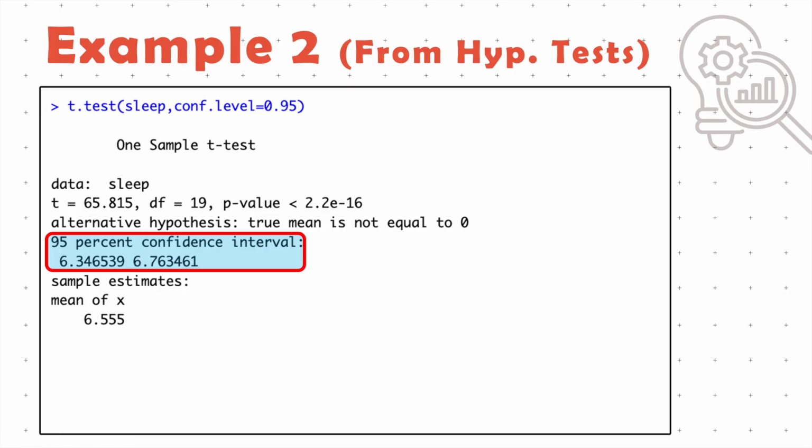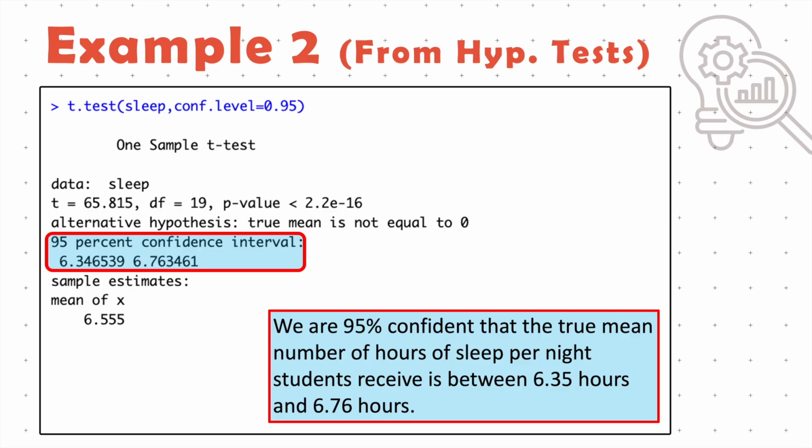We end up with this output where the confidence interval goes from a lower bound of 6.35 all the way to 6.76. We would then interpret that to say we're 95% confident that the true mean number of hours of sleep per night is between 6.35 hours and 6.76 hours.